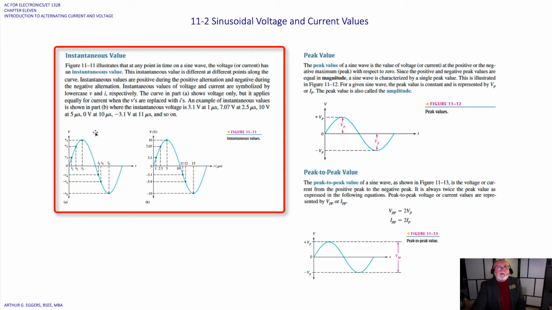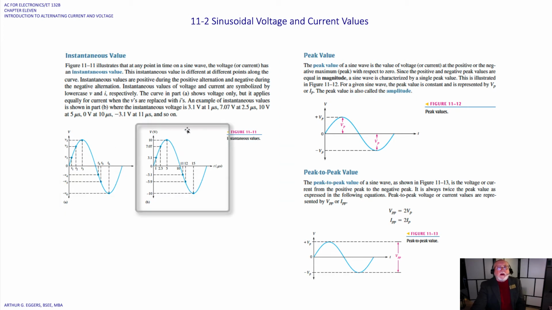An example of an instantaneous value in part B makes all of the voltage measurements. Notice we've got a capital V here for the values, and then a microsecond value on the horizontal axis.